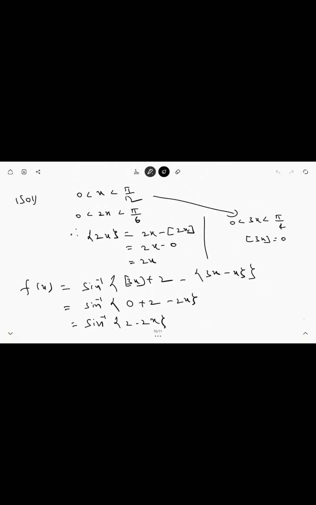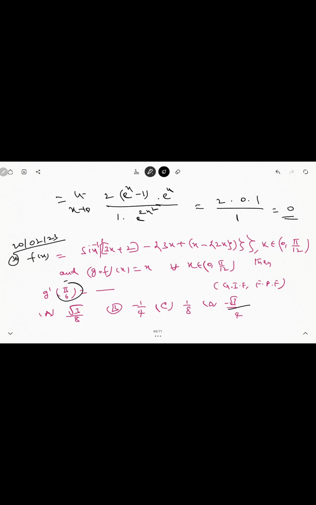Understood? Now there is no problem to find the derivative, but we have to find the derivative of the inverse, right? f of x is equal to sine inverse of 1 minus 2x. What is given here? g circle f of x is equal to x. From this, g dash of f of x, if we differentiate, we are getting like this. In the previous class also we have done this chain rule. Now we have to find g dash of pi by 6.